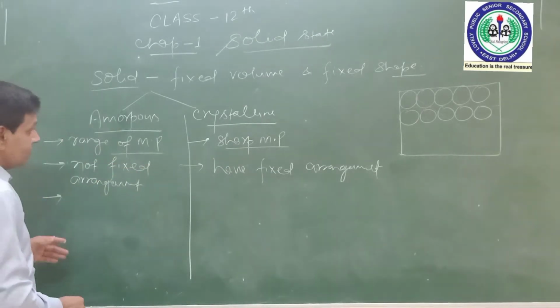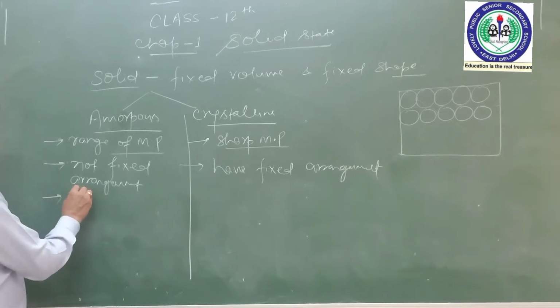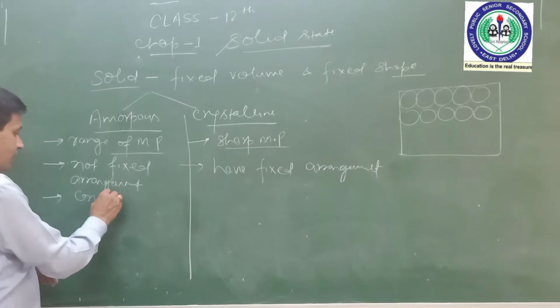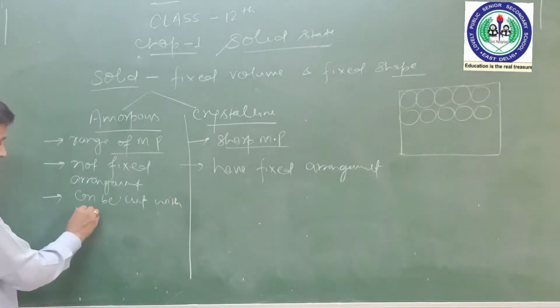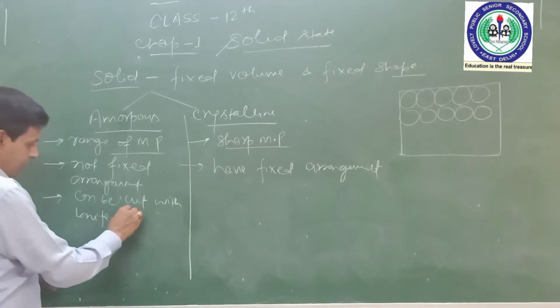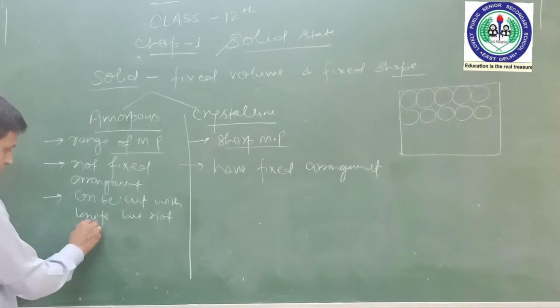What is the third point? Amorphous solid can be cut with a knife but does not give a smooth surface.